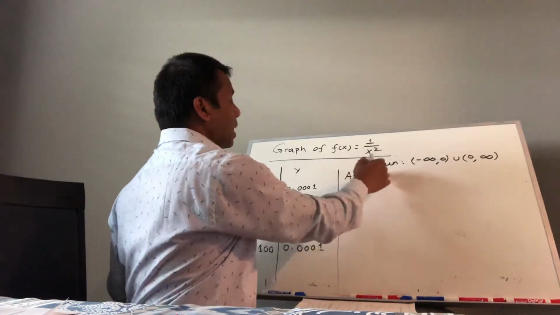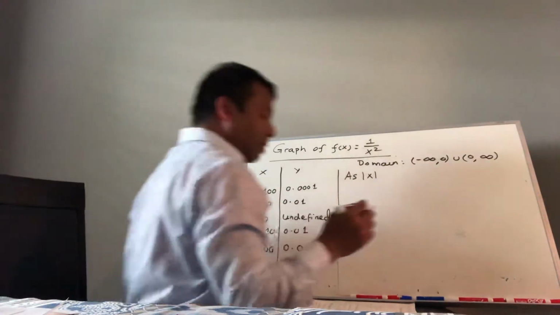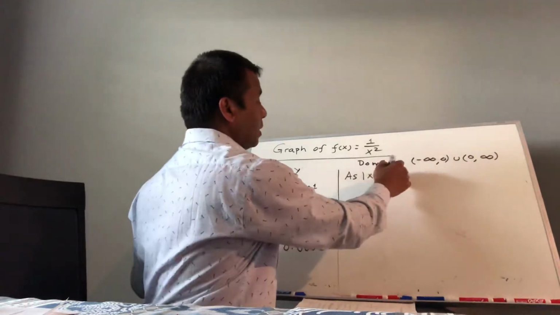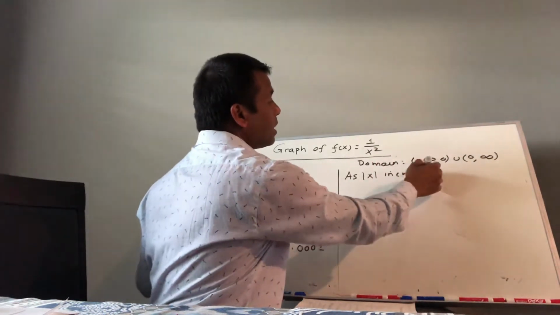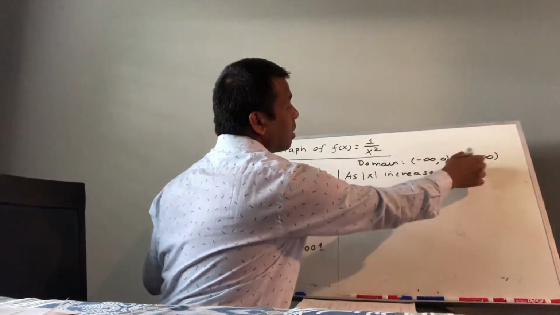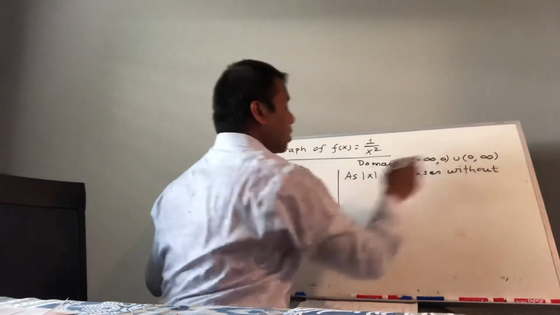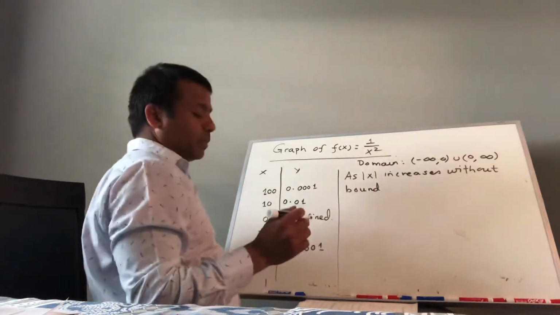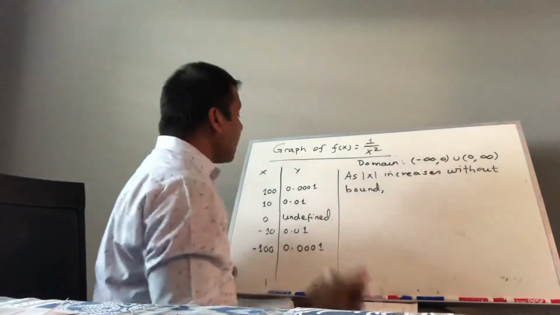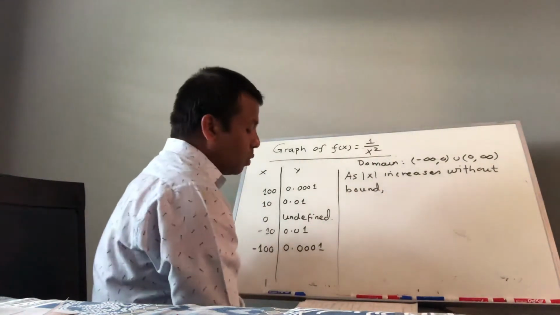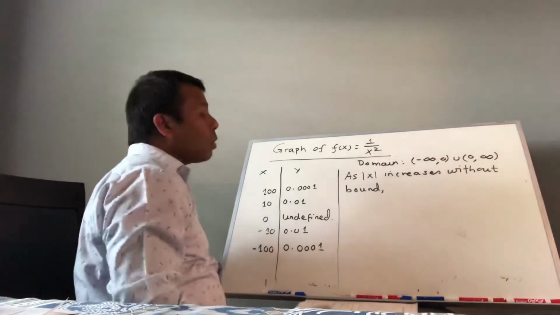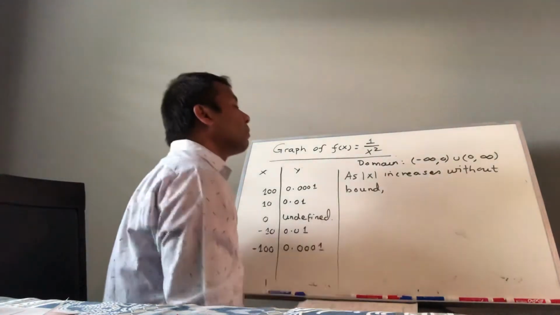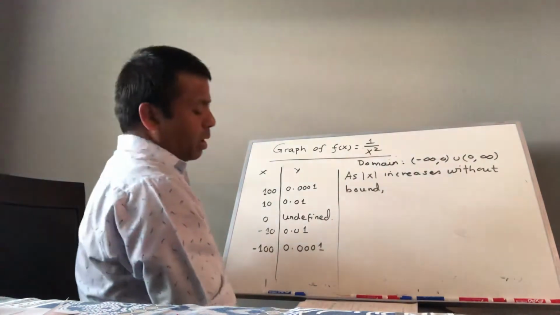So from the table, you observe that as the absolute value of x increases without bound, the graph of f(x) moves closer and closer to what? The x-axis.